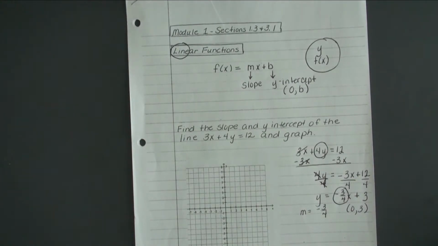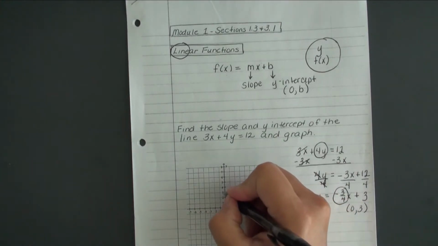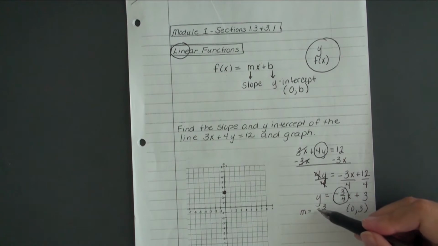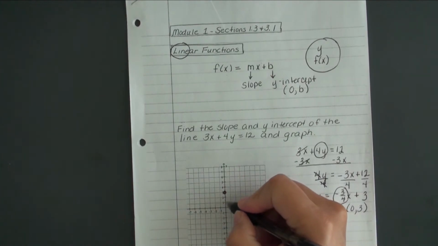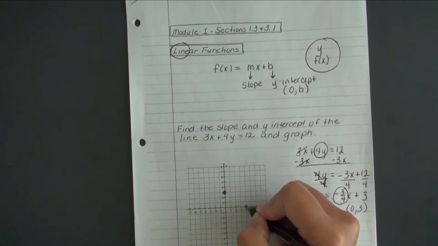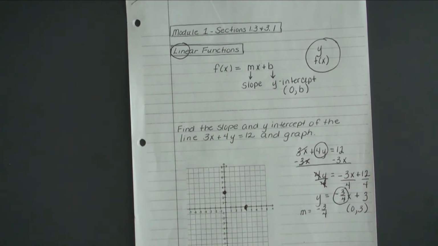So I will begin by graphing my y-intercept, 0, 3, and then I will use the slope to find a second point on the line. So my second point on the line, I will go down 3 because the slope is negative, and 4 to the right. 1, 2, 3 down, and 4 to the right, and make a second point.